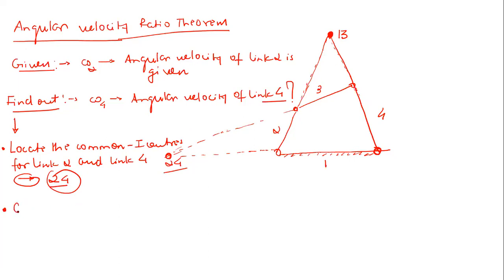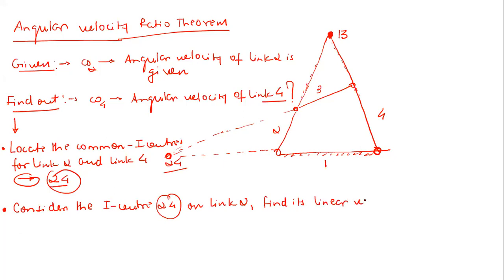Then what you do is simply consider the I center 2, 4 on link 2 and find its linear velocity. That is very simple. Now, let us consider that this instantaneous center of rotation is lying on this link 2.